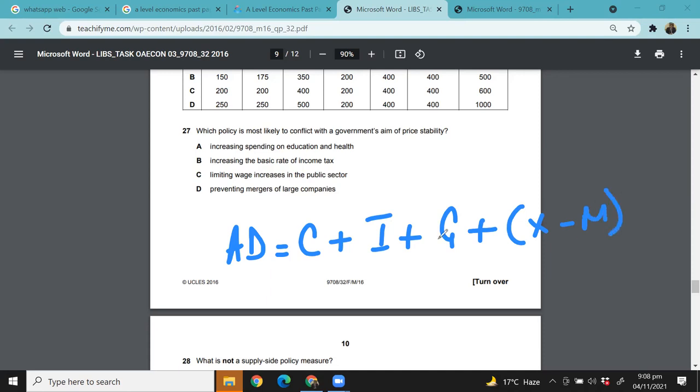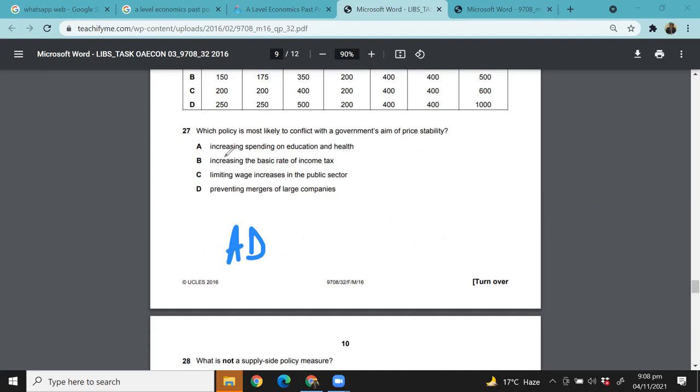So when this is increasing, that causes an overall increase in AD. When overall AD is increasing, that will result in higher inflation in the economy. Got it, students? You have to be very careful with the wording, because it is an apparently simple question.